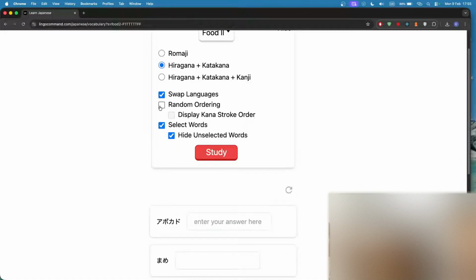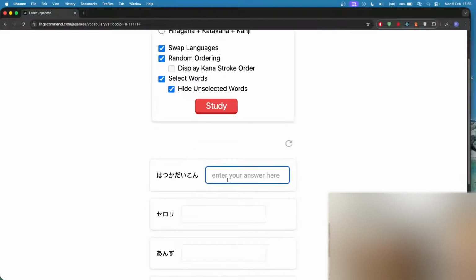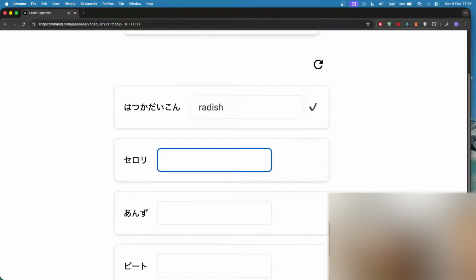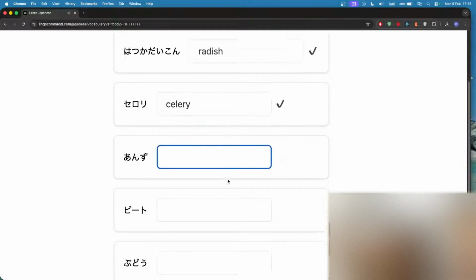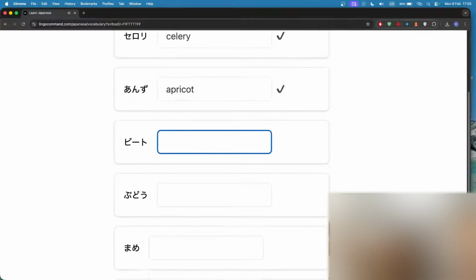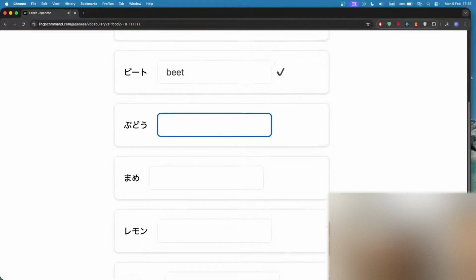So let's apply the quiz. And we'll swap the languages so the questions are asked in Japanese, and we answer in English. Apply random ordering. So, Hatsuka Daikon was radish. Serori is celery. Anzu is apricot. Beetle is beet.